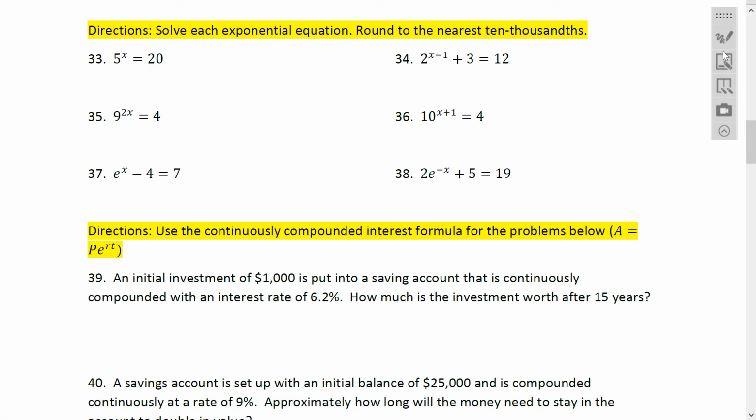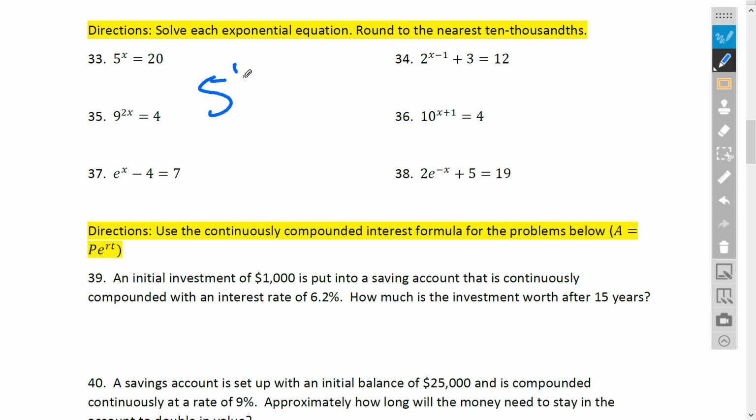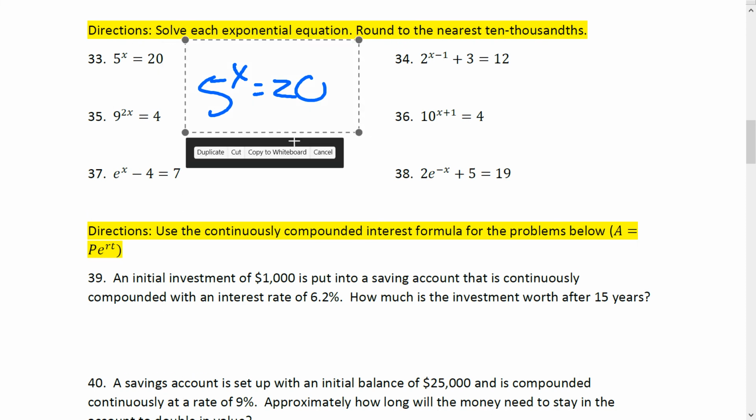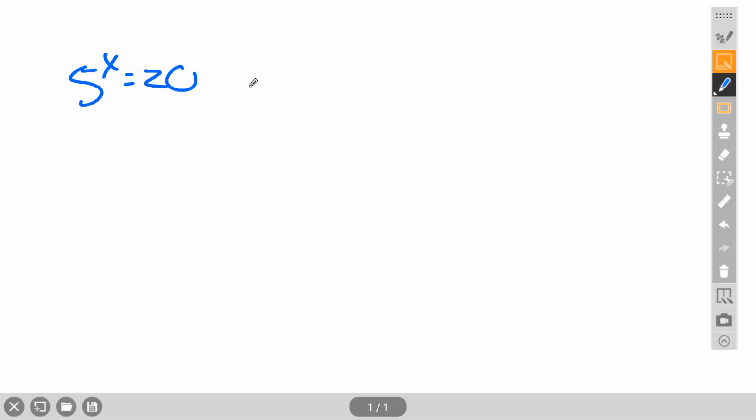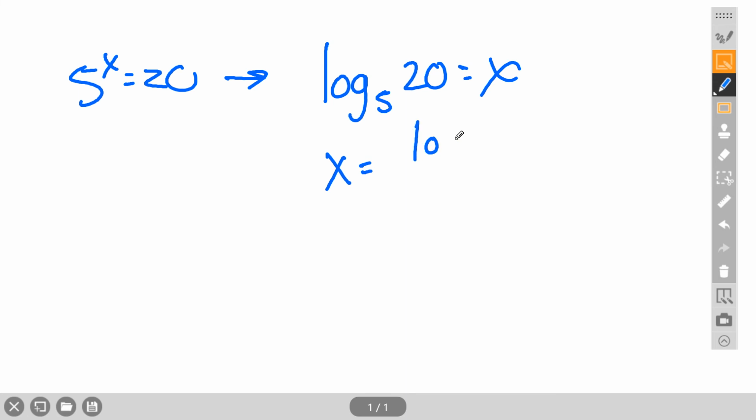All right, now the next ones were exponential equations that we were solving. So number 33, we have 5 to the x power equals 20. So we'll change this to log form. So log base 5 of 20 equals x, and then we can put this in the calculator by using the common log change of base formula, common log of 20 over common log of 5.